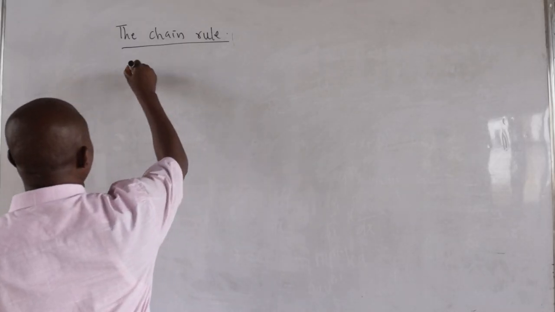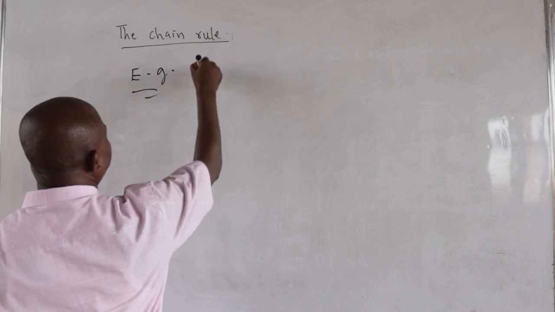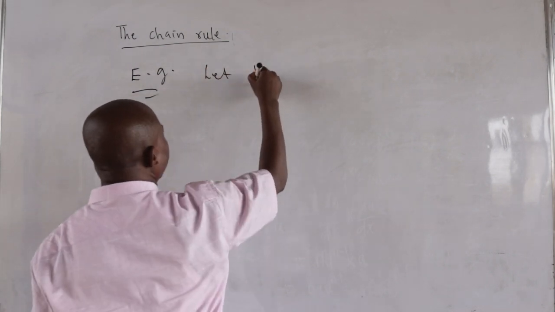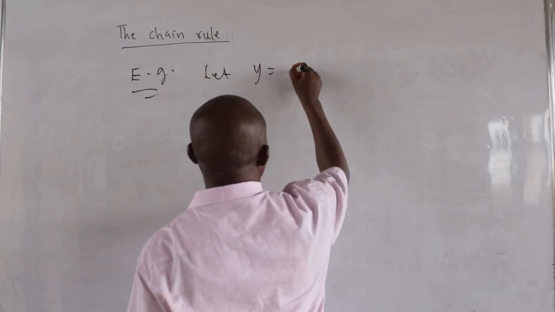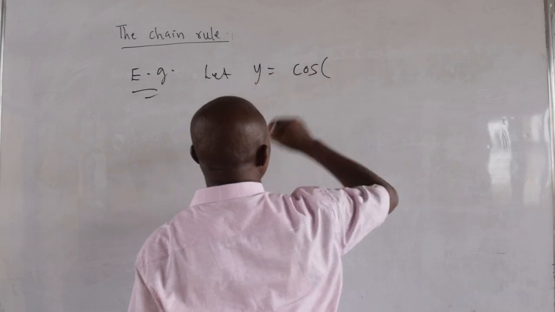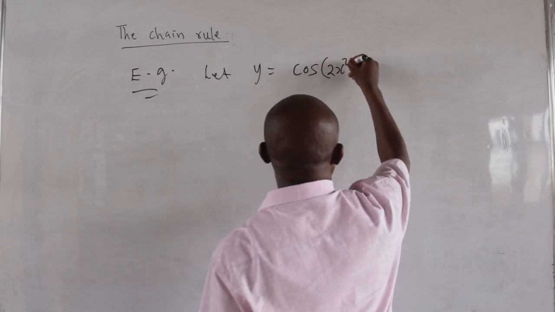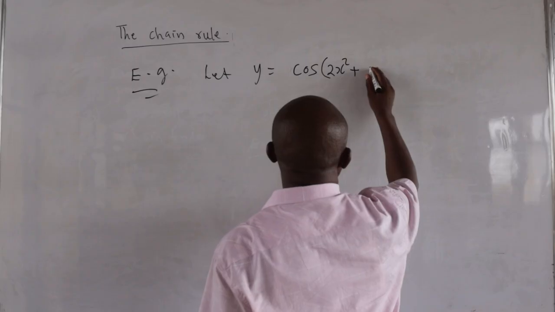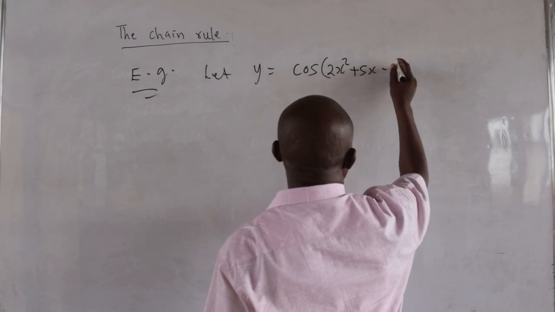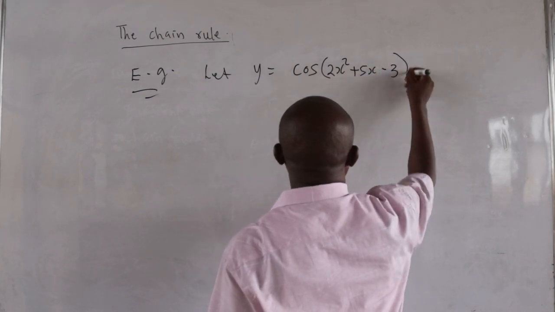Example again. For example, let us take y to be the cosine of 2x squared plus 5x minus 3.